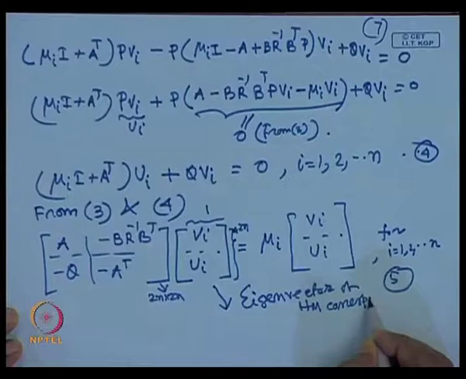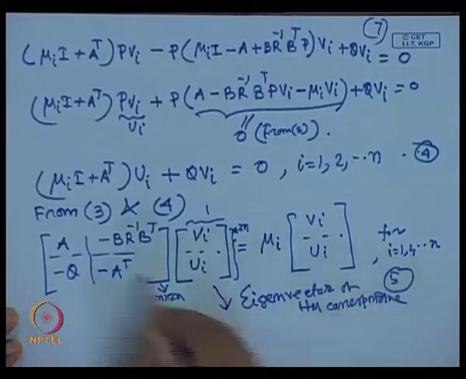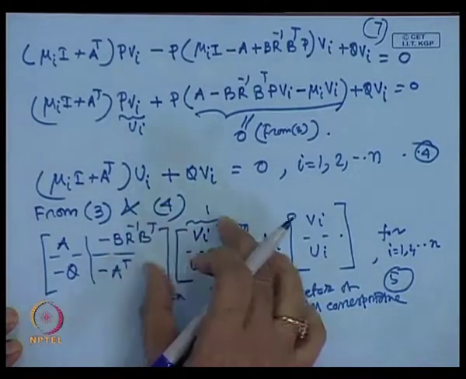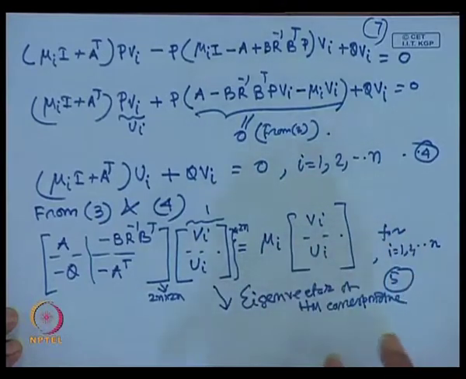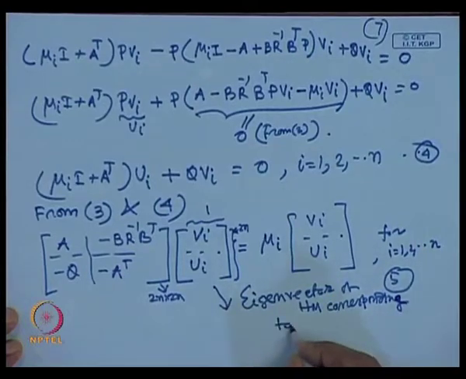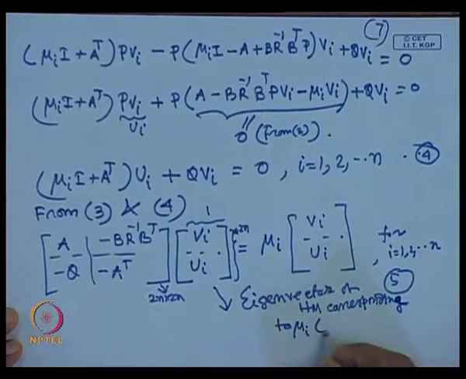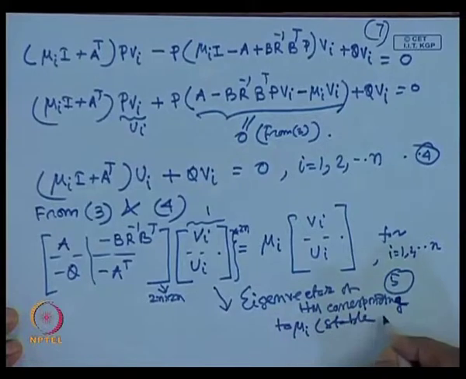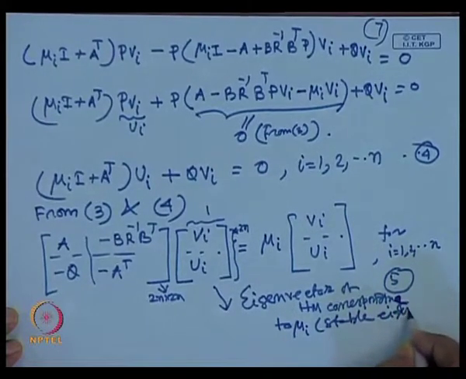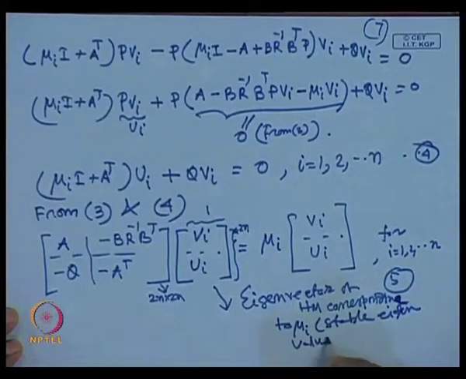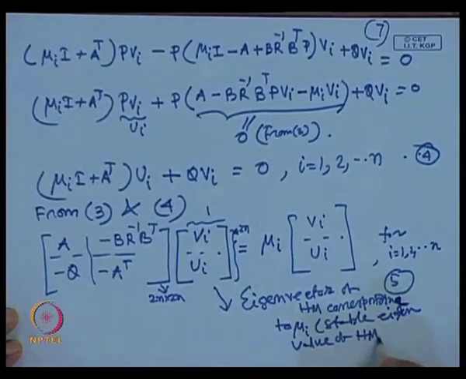By definition of eigenvalue and eigenvector, A x is equal to lambda into x, the eigenvector corresponding to mu I, which is a stable eigenvalue of H m.